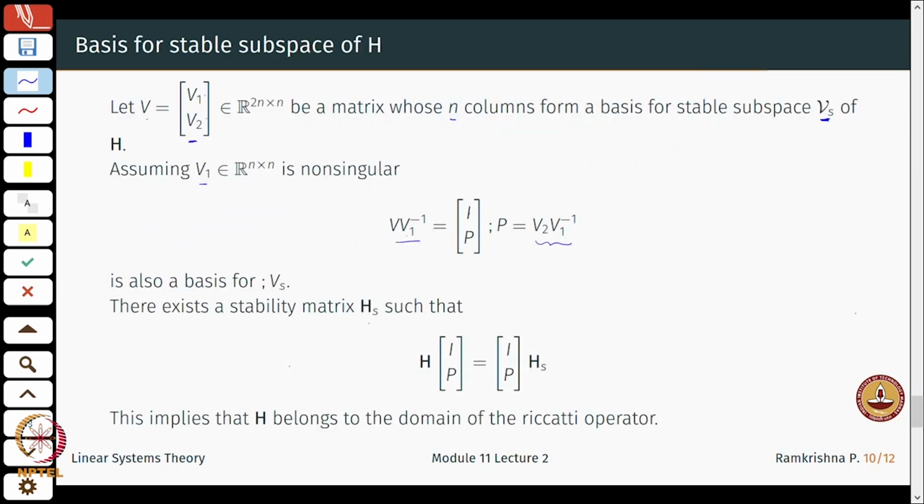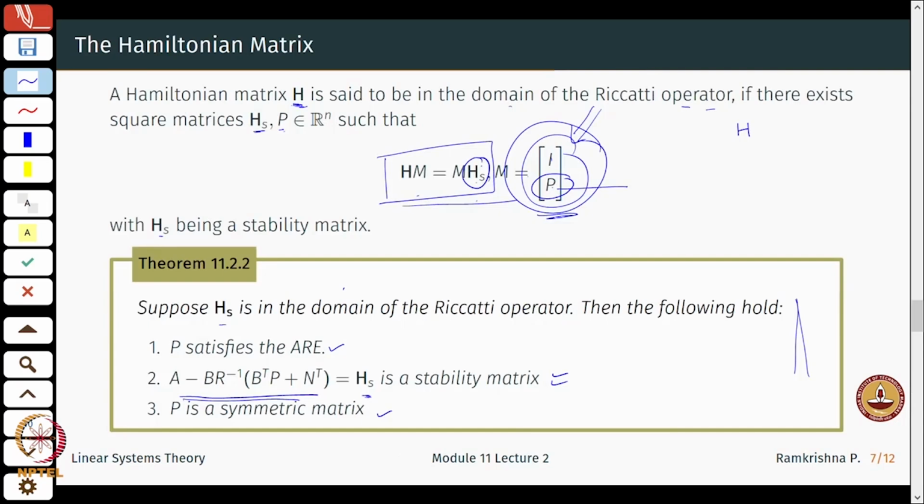There exists a stability matrix Hs such that H times (I, P), this is my V, is (I, P) times Hs. This also implies that H belongs to the domain of the Ricatti operator. That was from the definition: H is said to be in the domain of the Ricatti operator if there exist square matrices such that this holds.